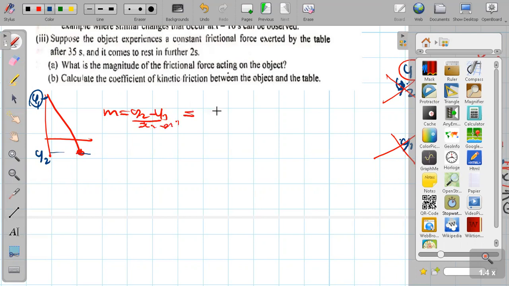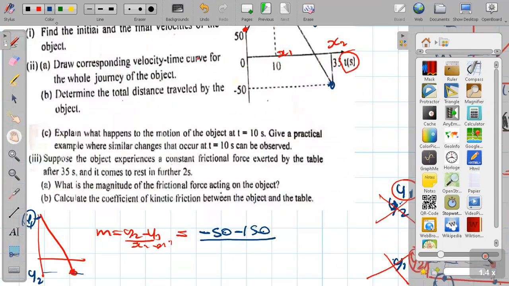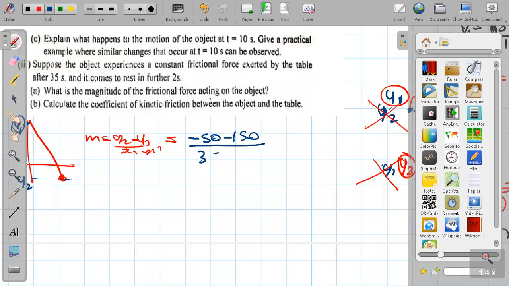What is my y2? Minus 50. Minus 150 divided by time, which is 35 minus 10. Minus 200 over 25, by 10 to the power minus 2 because it's centimeters.